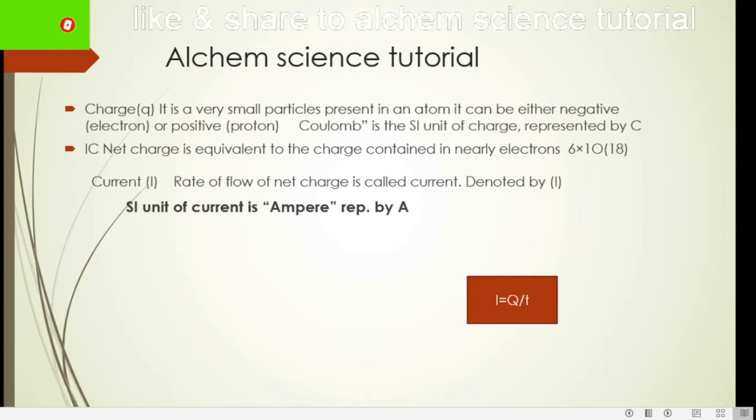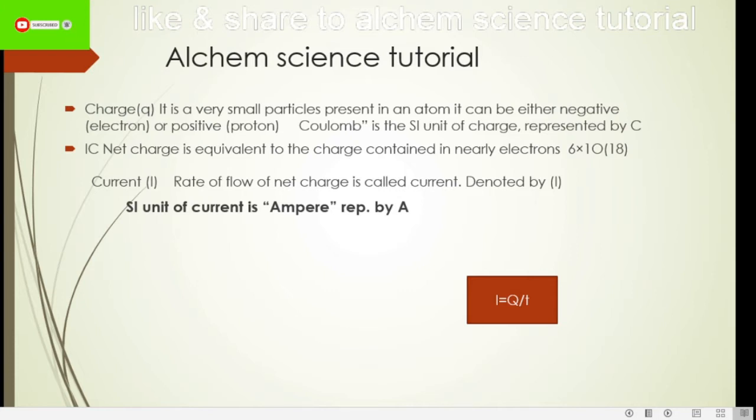One coulomb is equivalent to the charge contained by nearly 6 into 10 to the power 18 electrons. This is all about the charge. Charge might be positive or negative.